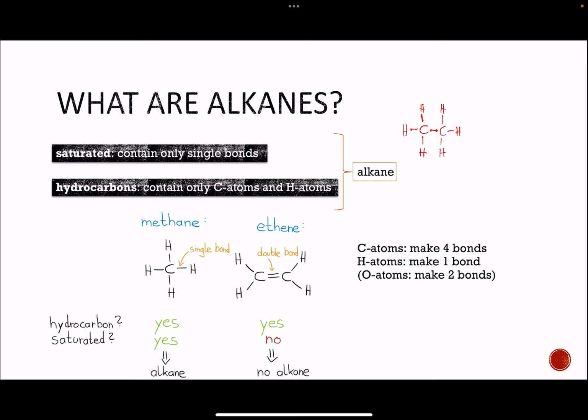Now, if there's something like single bonds, then you rightly assume that there must be also something like multiple bonds. For example, double bonds. And I want to give you an example for this as well. We can start off again with the displayed formula of a carbon atom and bond it to two hydrogen atoms. And now in order to make a double bond, not only two electrons are shared in between two atoms, but 4 electrons are shared in between two atoms.